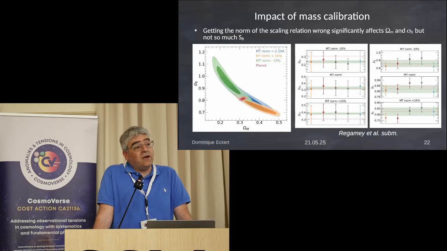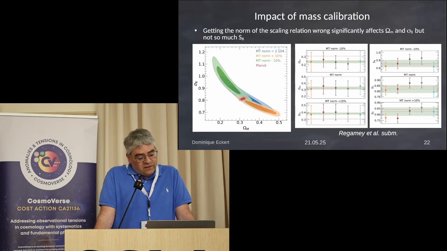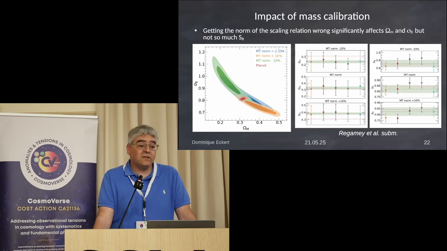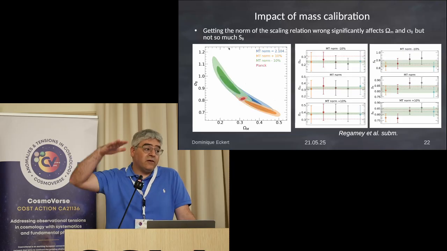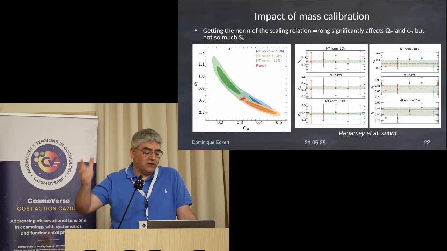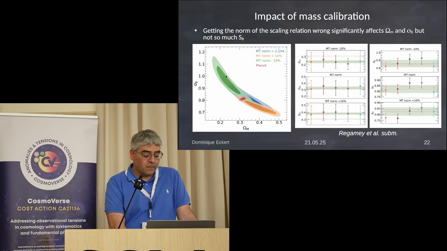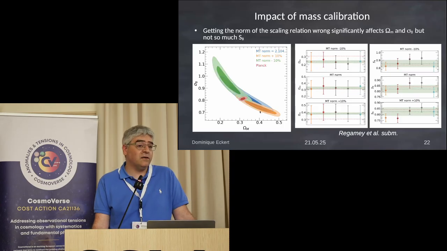So for instance, we can see how our systematics on the mass calibration change. Here you have on the left-hand side fitting the same mock data, but changing the amplitude of this scaling relation between your mass and your observable. And you see that, interestingly, the constraints are changing along this axis here.